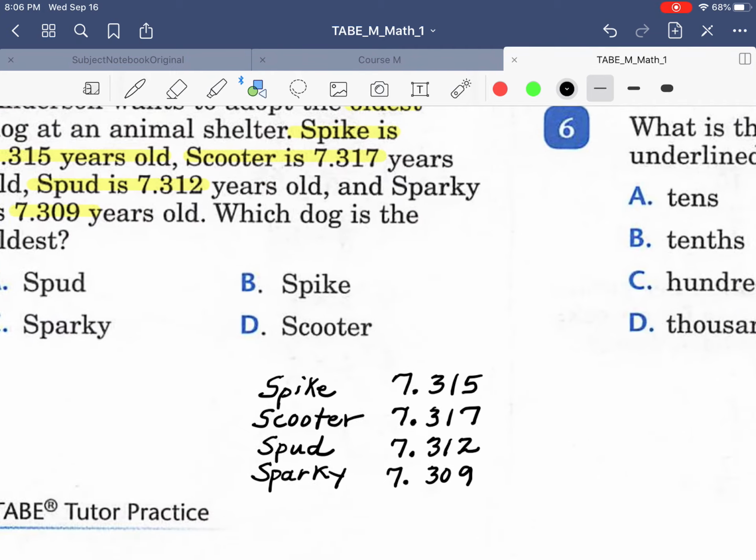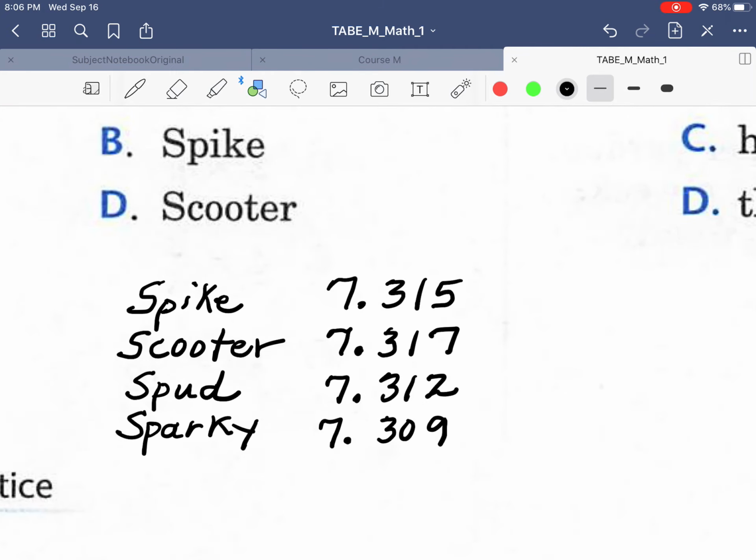If you compare these decimals, the 7s are all the same. The 3s are all the same. Sparky is the youngest, so we definitely don't want to use Sparky as the dog in question. Then the 1s are all the same. 5, 7, and 2, which of those is largest?